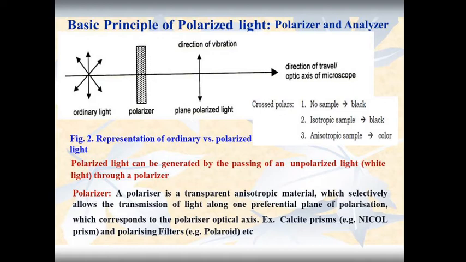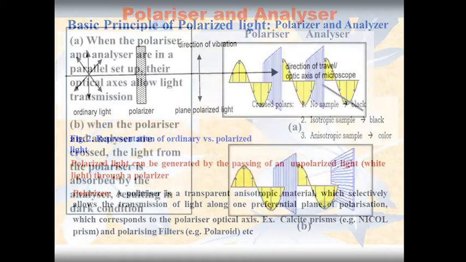A polarizer is a transparent isotropic medium which selectively allows the transmission of light on a preferential plane of polarization. Calcite, Nicol prisms, and some polaroids are used as polarizers to obtain polarized light.